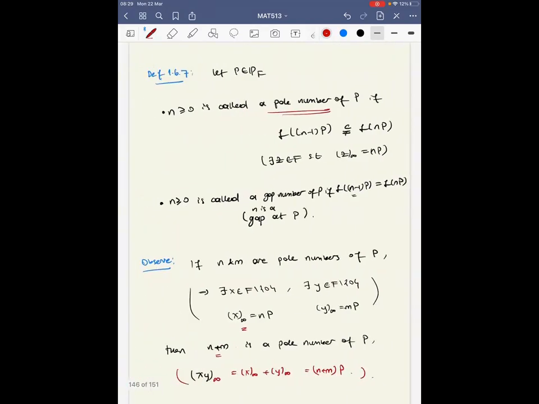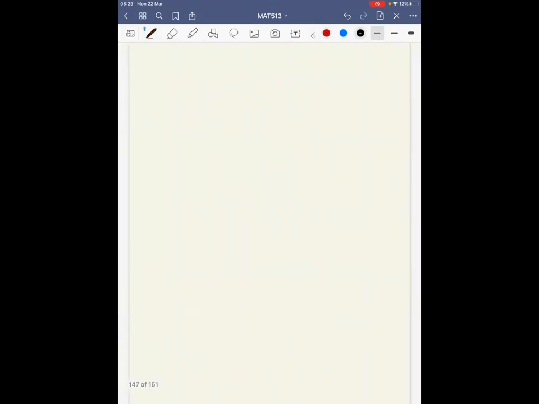And there are also natural numbers. Depending on this observation, we introduce a notion to represent the pole numbers of a given place, and we denote it by H(P).